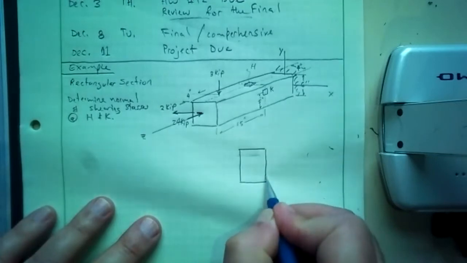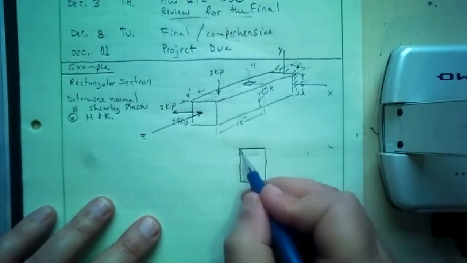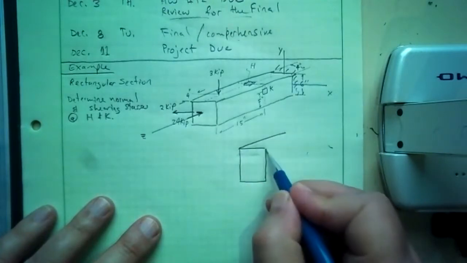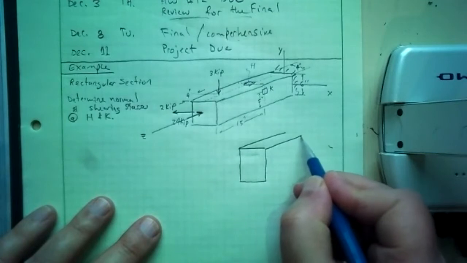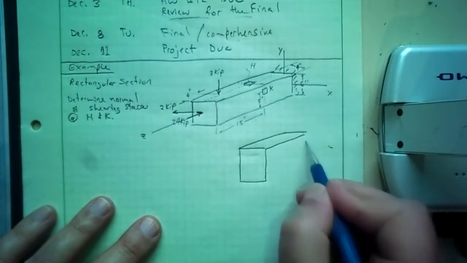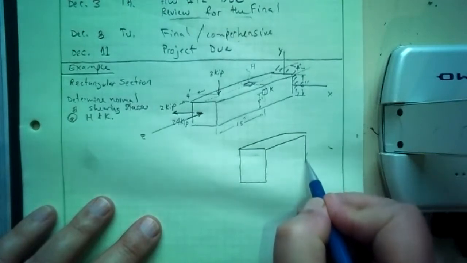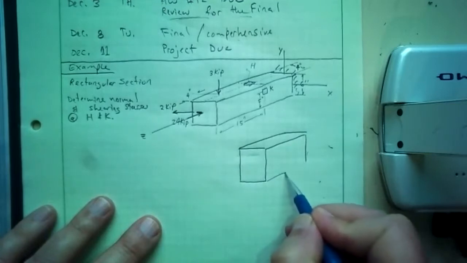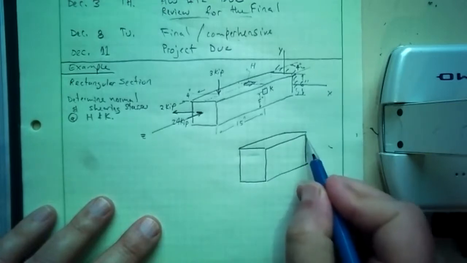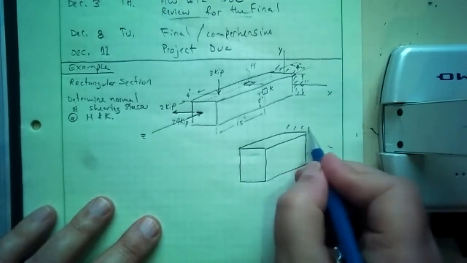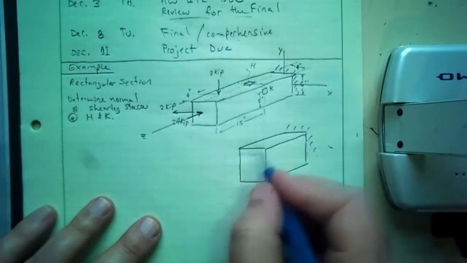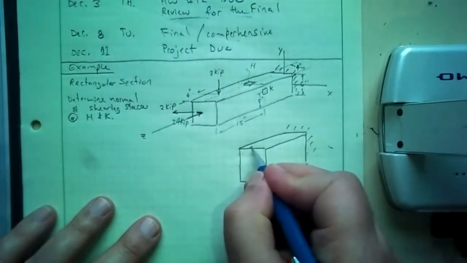Draw it a little bit more. It's a 6x4, a little bit more to scale. And there's the fixed end. H is right up here.